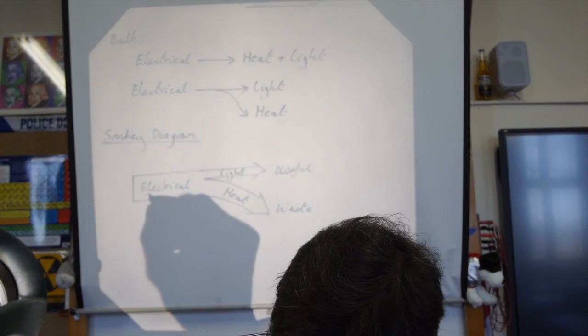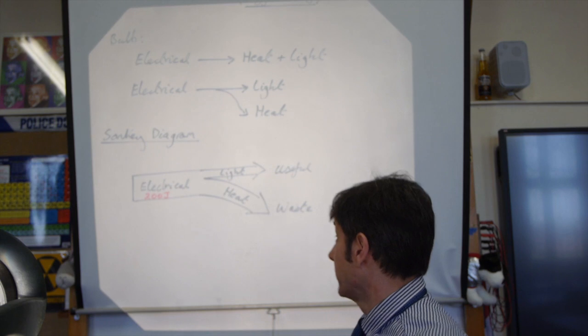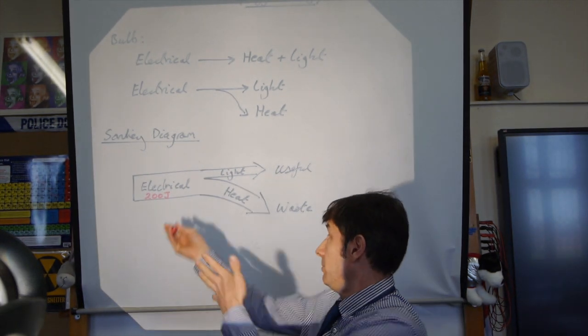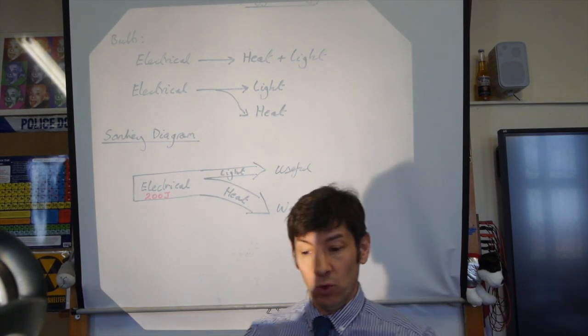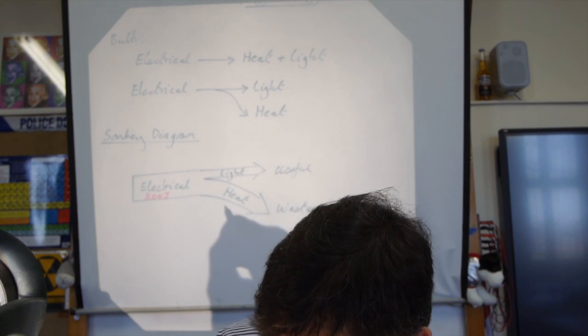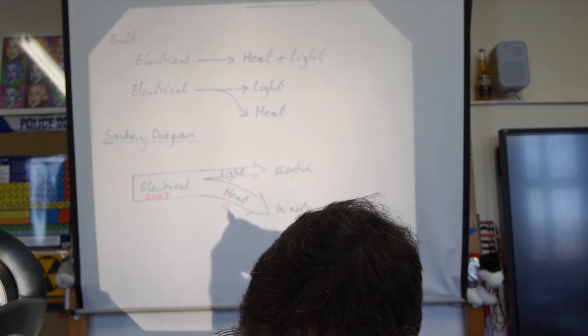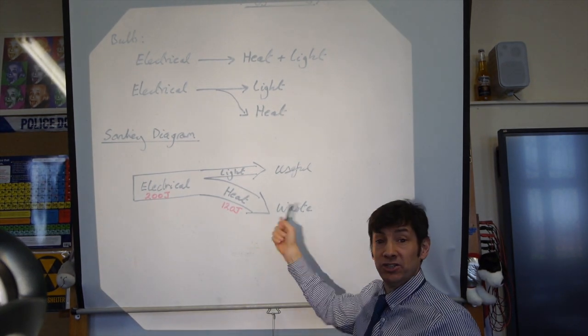So let's feed in here 200 joules of energy. Okay, so it's typical, I'll just make up a number, 200 joules of electrical energy coming from the battery into the wires, getting into the lamp, and the lamp is splitting it, shall we say, into 120 joules of wasted heat energy.